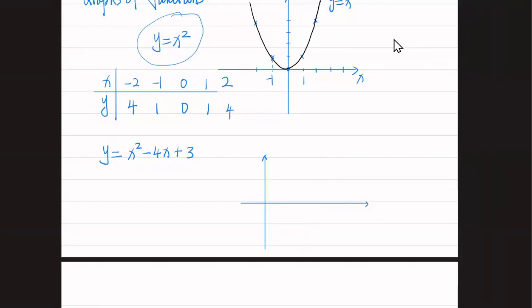One of them is we convert to the vertex form, complete the square. I only have 3, but I add 4, so I have to subtract 1. This is called the vertex form.